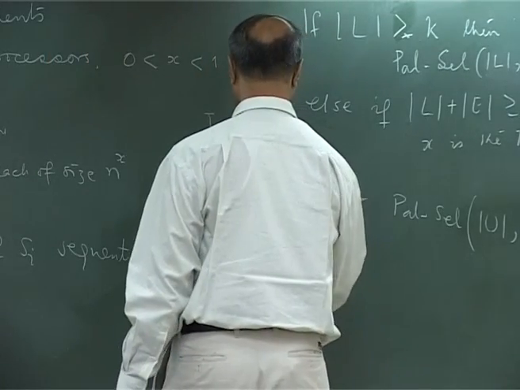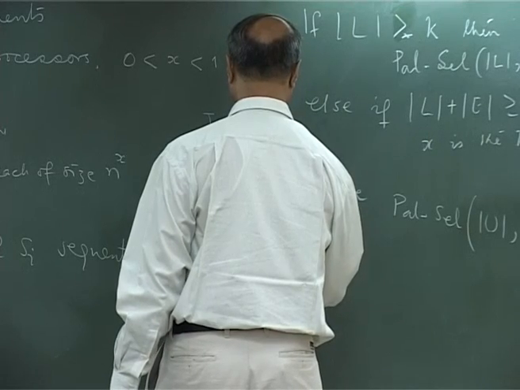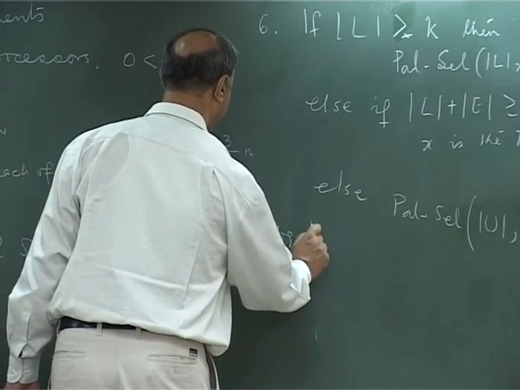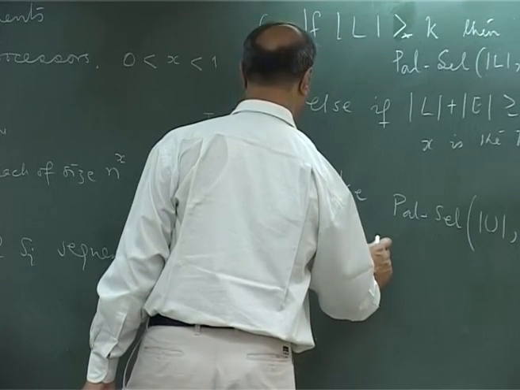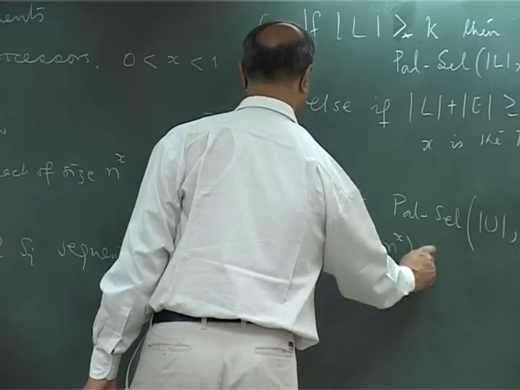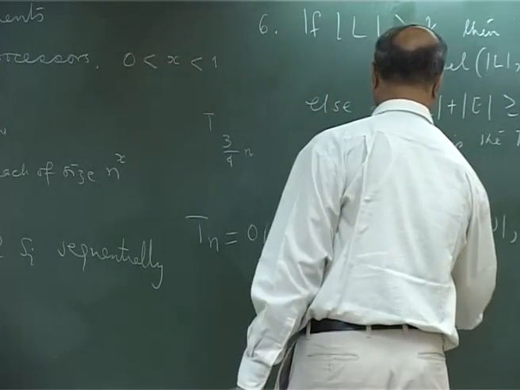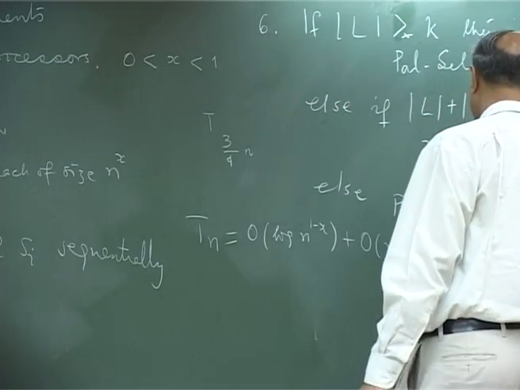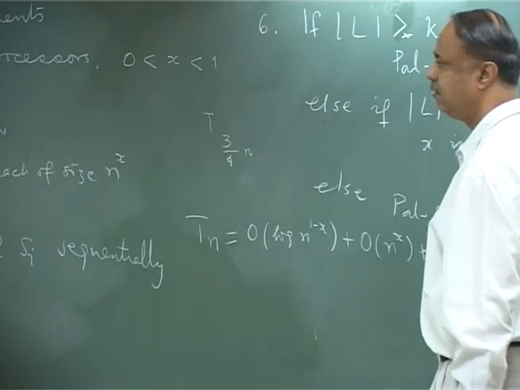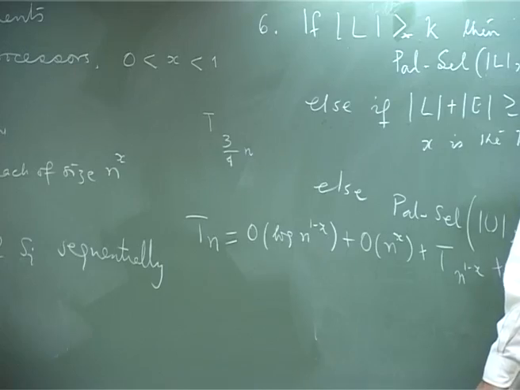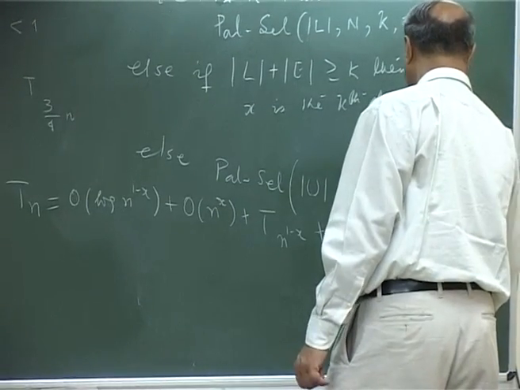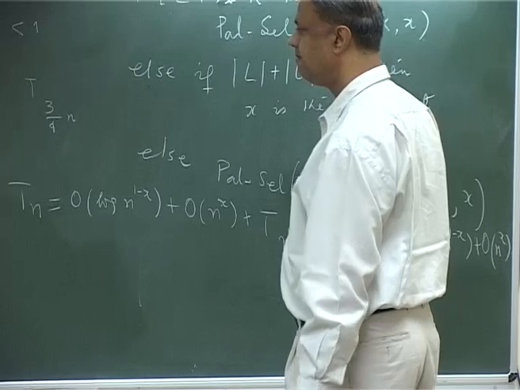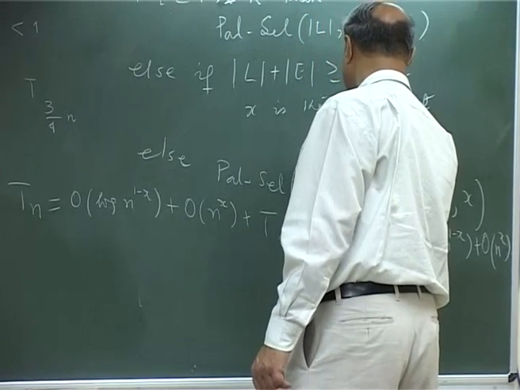Okay, here instead of order 1 you should type log n to the power, order log n to the power 1 minus x plus order n to the power x, plus t n to the power 1 minus x, plus order n to the power x, plus order log n to the power 1 minus x plus order n to the power x, plus t by 4n.